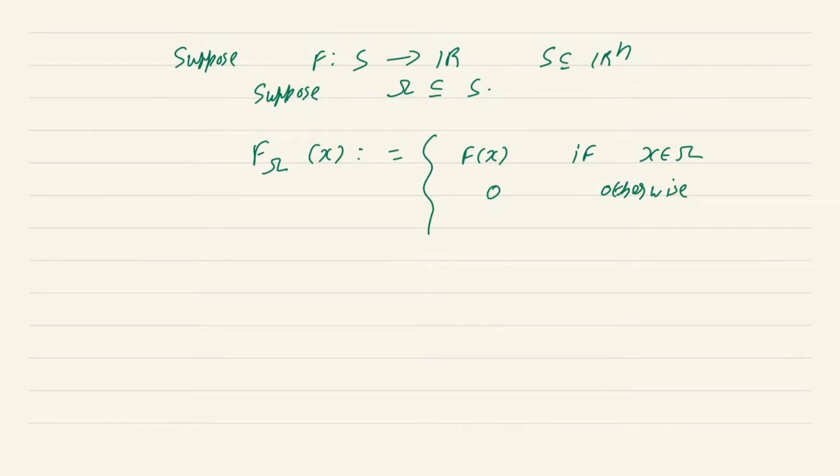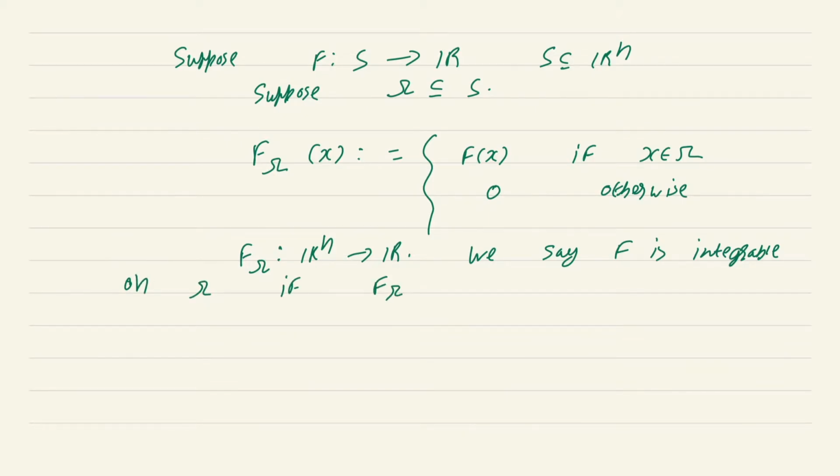So this function f omega is a function from Rn to R. Now we say f is integrable on omega if f omega is integrable on Rn. And we also set the integral over omega of f to be, by definition, the integral over Rn of f omega.